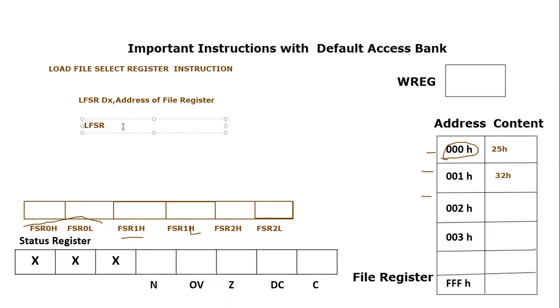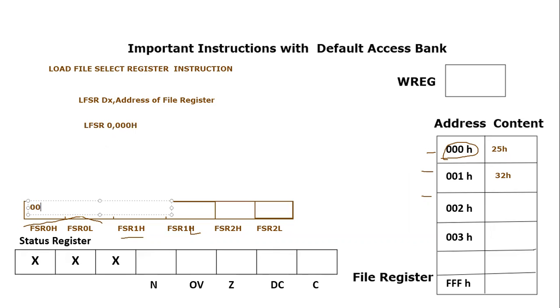Let's say I'm interested in FSR0 only, so I will write 0 comma, and I want to point this address 000, so I will just write 00 hex. What is going to happen? The file select register is a 16-bit register. Using these two 8-bit values, they will have this address 000.